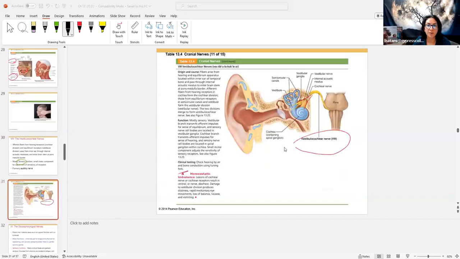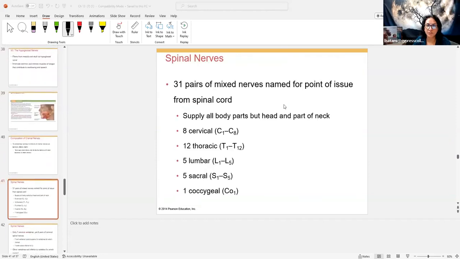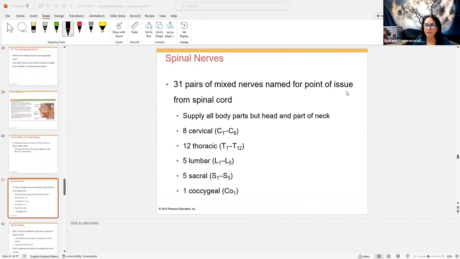Okay, then let's continue to the next part. We're going to talk about the spinal nerves. We have 31 pairs of spinal nerves, and the good thing is that these 31 pairs do not have specific names. They are named based on the region of the spinal cord they come from, for example the cervical spinal nerve, lumbar spinal nerve, sacral spinal nerve.